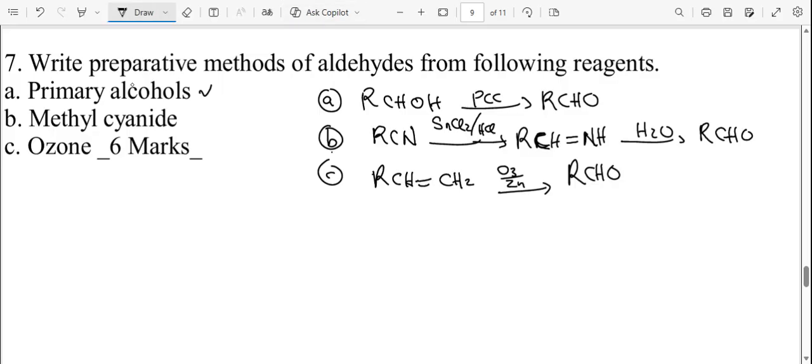One, primary alcohols, you bring, let's say, methyl, then use oxidation, where we use PCC to form this aldehyde. Then again, under methyl cyanide, we perform with SnCl2 over hydrochloric acid. These are the conditions that we perform with. So then we form this compound, then we add a bit of water, then we form our aldehyde like that.